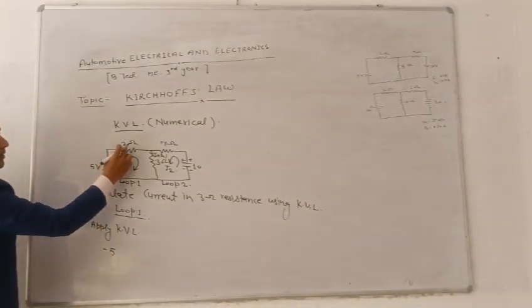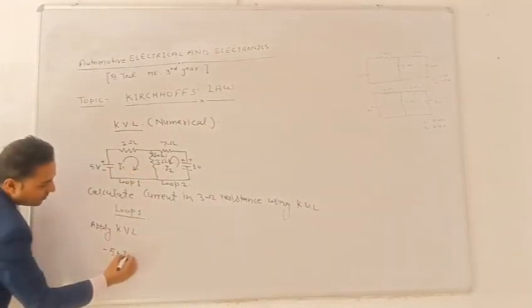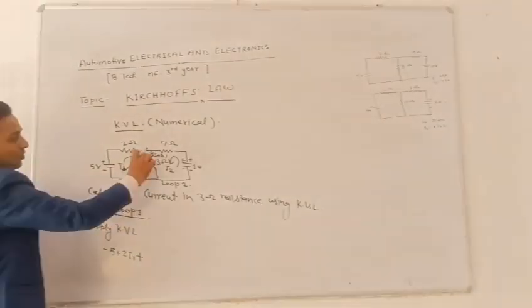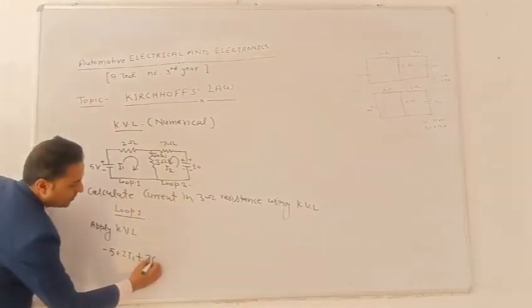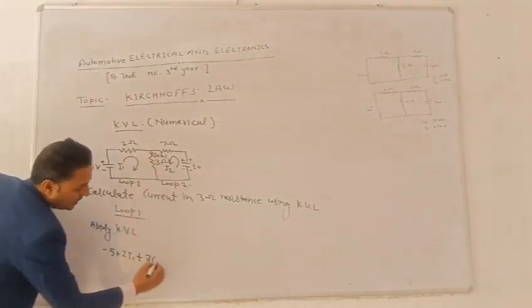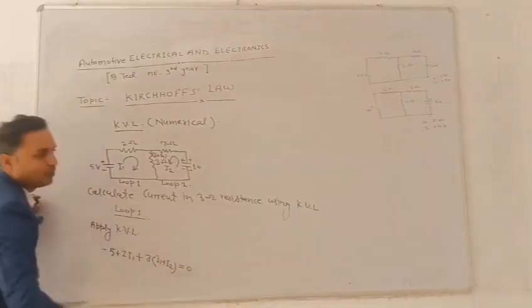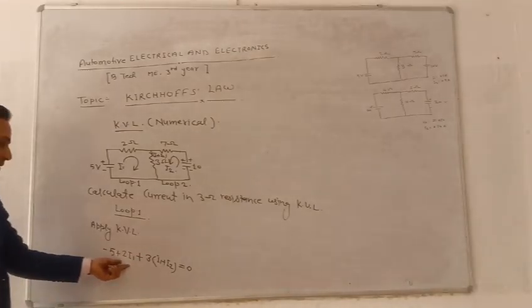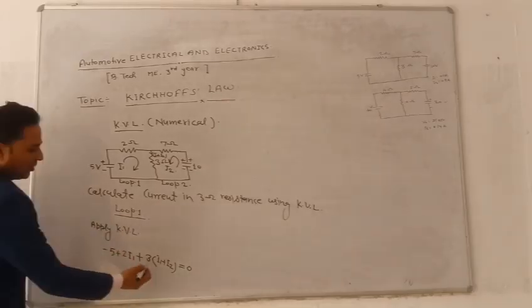This will be 2 ohm I1, the voltage drop, so plus 2 I1, plus the drop across the 3 ohm resistance, 3 times I1 plus I2, equal to 0. This is the basic fundamental rule for calculating the current using KVL.